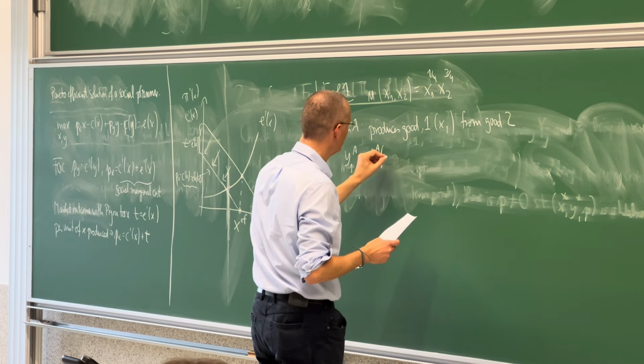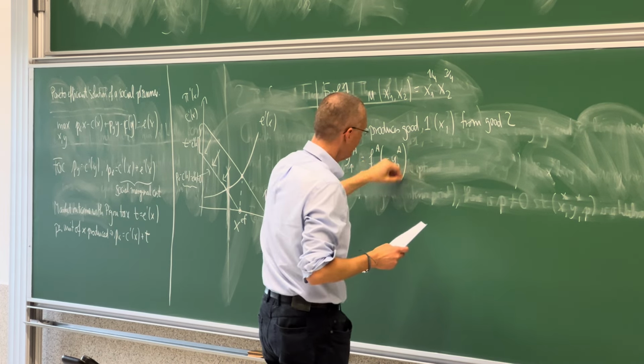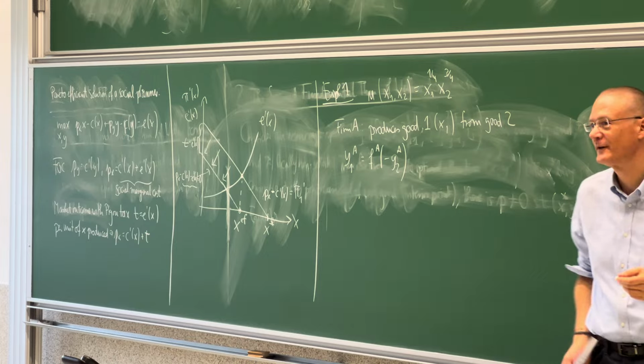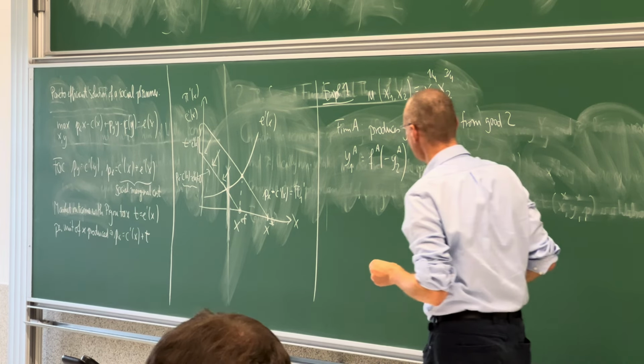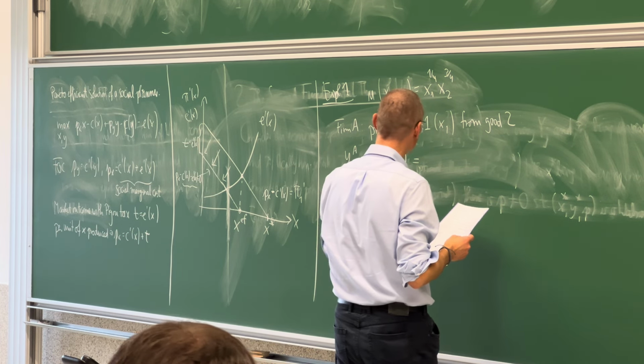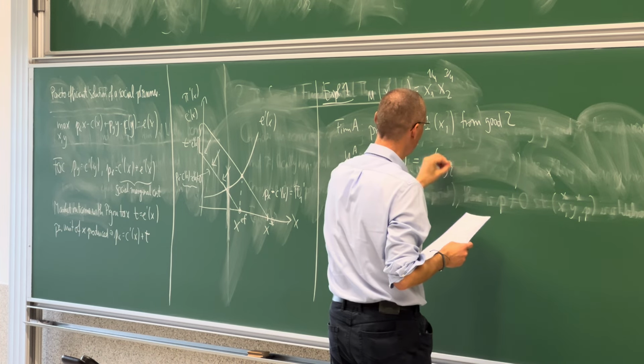We take into account that these are negative, because in the first order condition it comes out as a negative. FA is the production minus y2a.